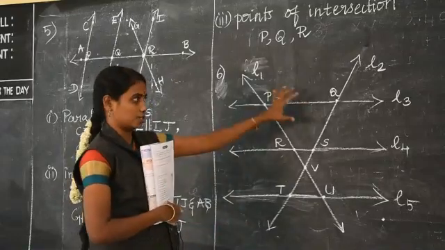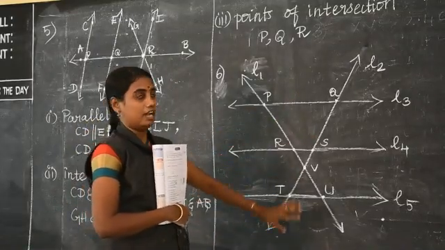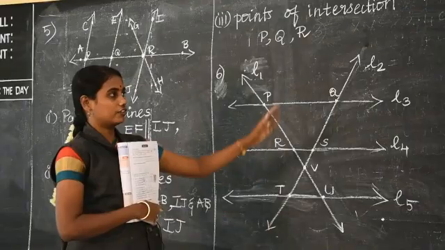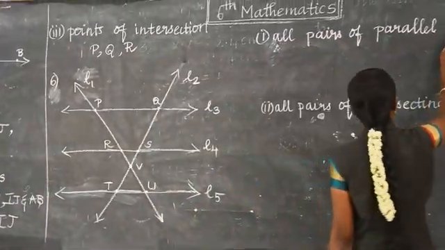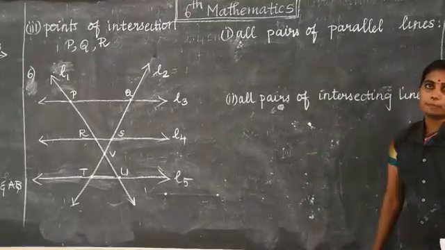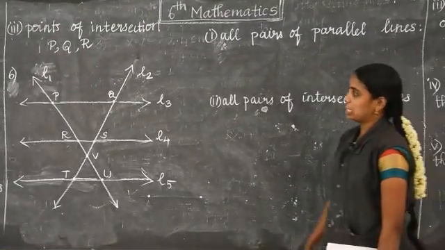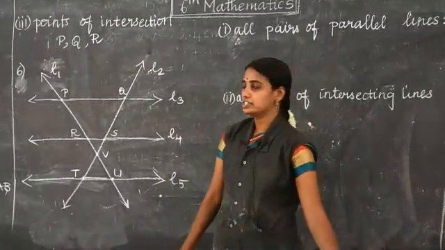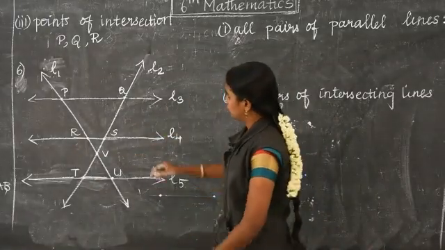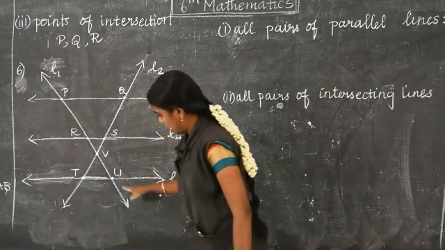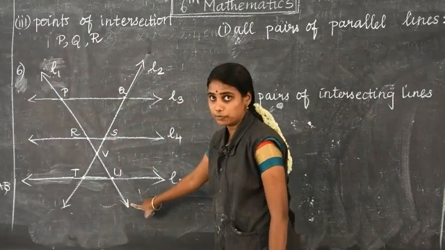Question number 6 also, observe the diagram and we are going to find out the given options. First option, all pairs of parallel lines. Before going for the parallel lines, we'll observe what is given. This is line L1.